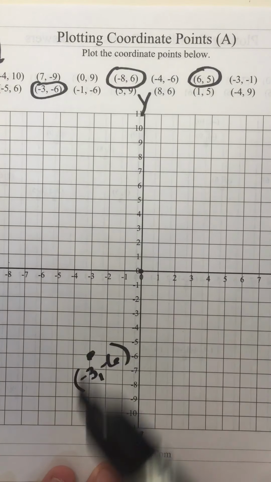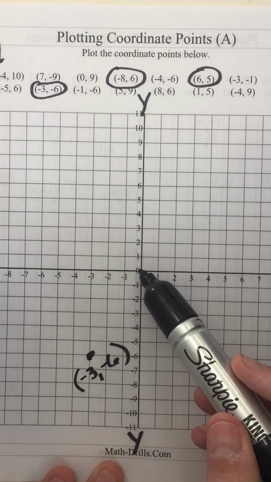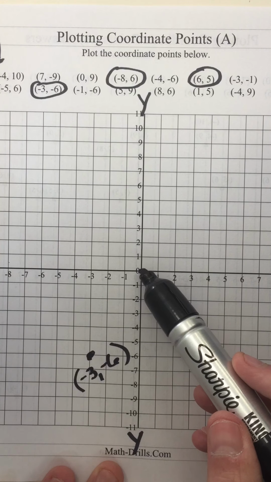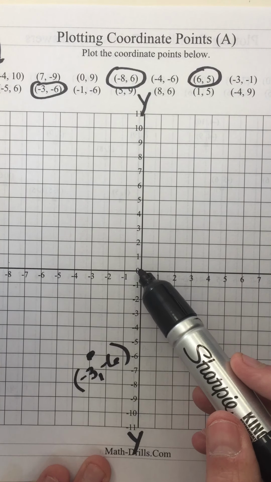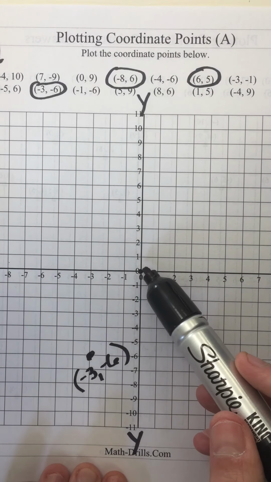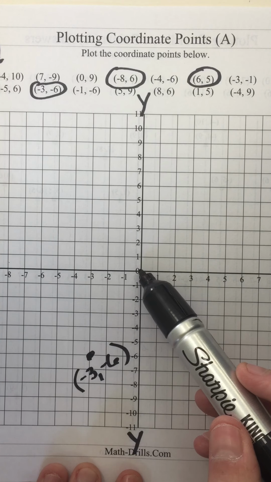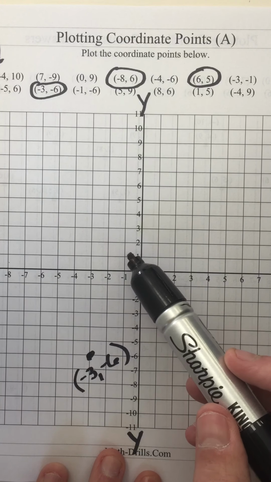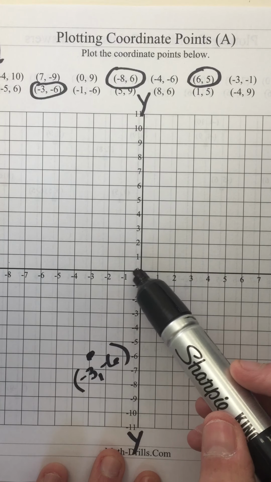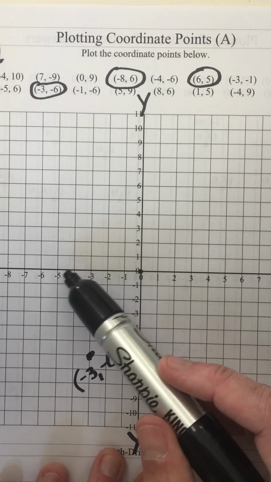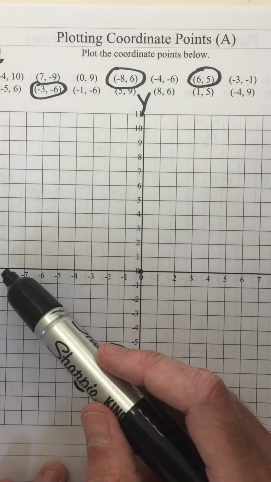We have -8, +6. So our pattern is we start at 0, 0. The very first number tells us how far to the left or right. Because it's a negative number and we know the negative numbers are to the left of 0, I count 8 places to the left. 1, 2, 3, 4, 5, 6, 7, 8.